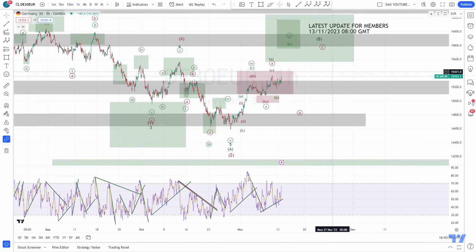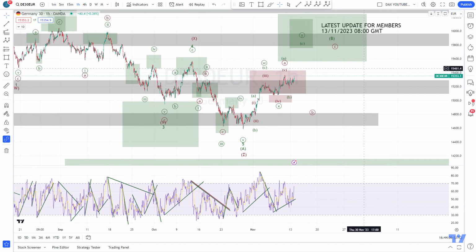This would be kind of a surprise for many retail traders, I'm afraid, because what we had so far was a nice impulsive structure, but it looks like we will take out the high right here.